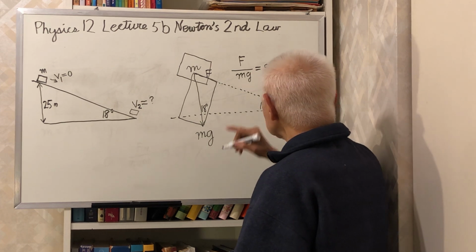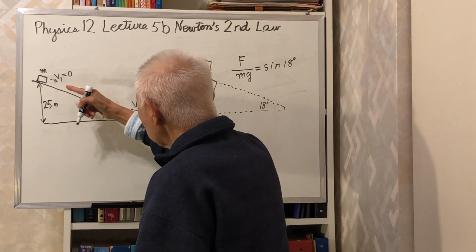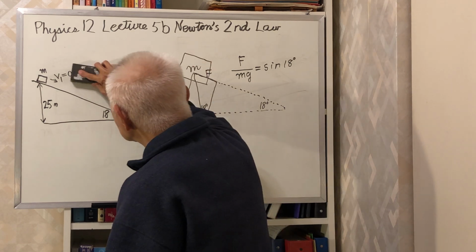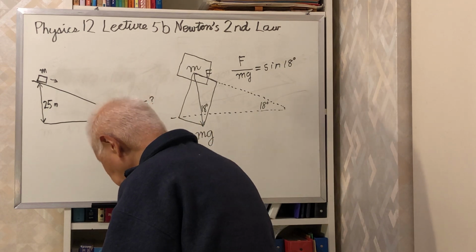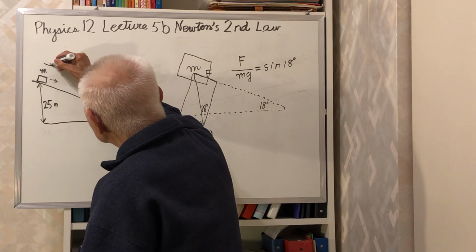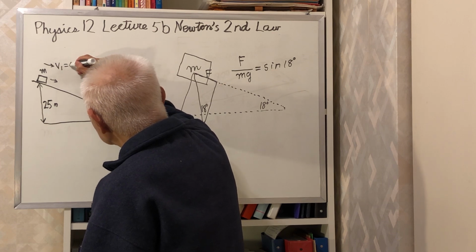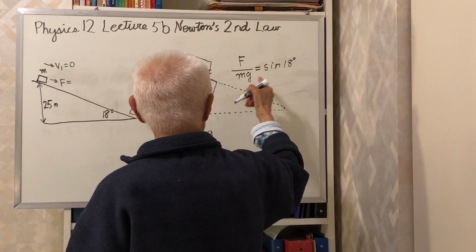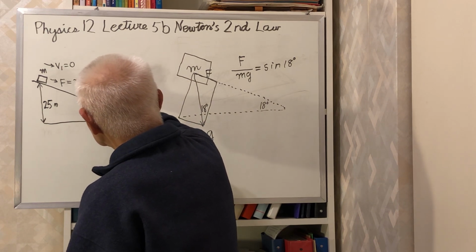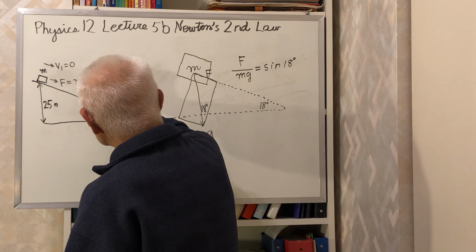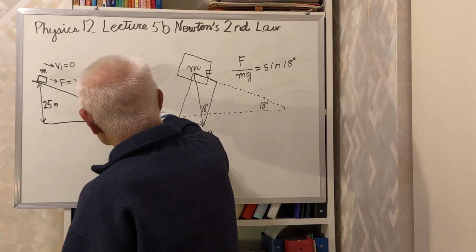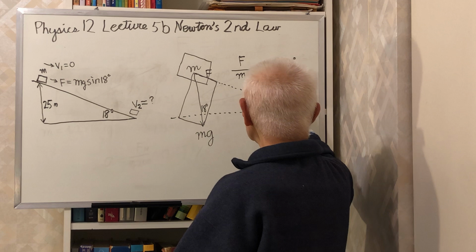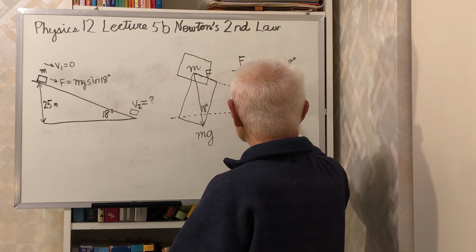So this force is mg sine 18. Multiply mg to the right hand side, so the force is mg multiplied by sine 18.